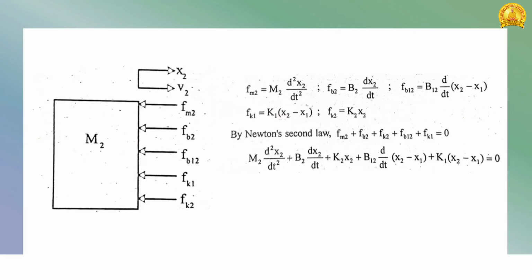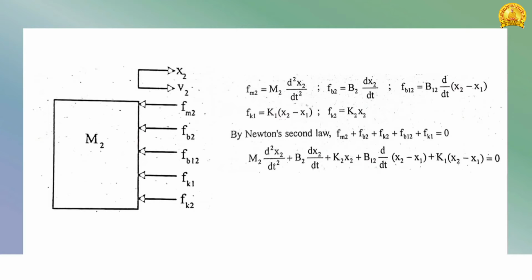Similarly, we have to consider the free body diagram for M2 and represent all the forces acting on M2. Here there are no applied forces, so we are considering all the opposing forces, and they will be equal to 0.